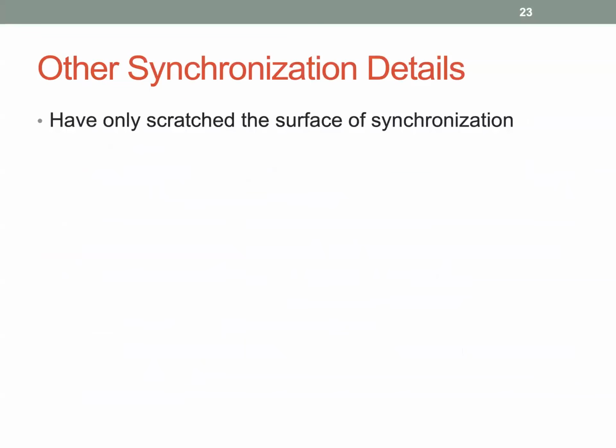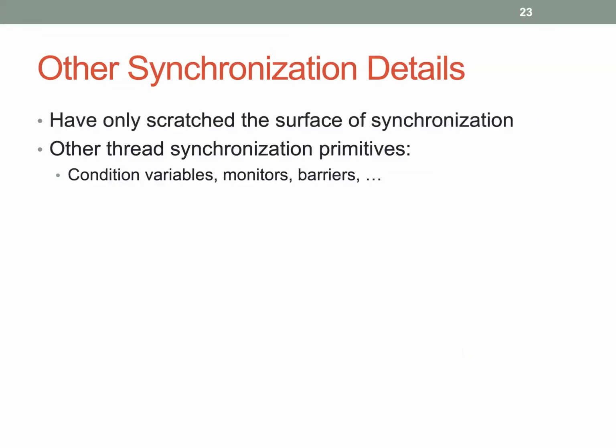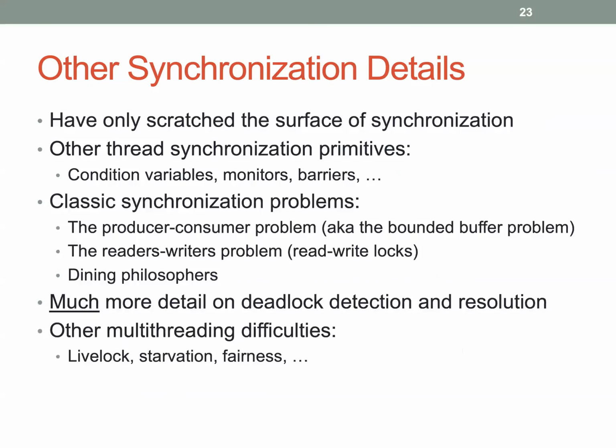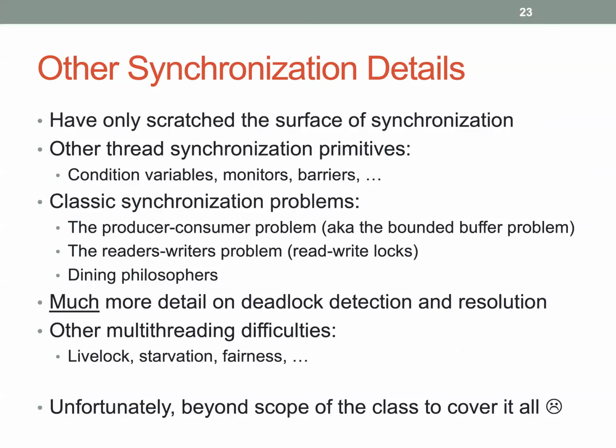Okay, there's a lot more to talk about with all of this stuff. Condition variables are in Pintos as well. I don't think you need to use them anytime soon, but I can't remember. But there's a lot of other kinds of mechanisms that exist around this stuff. I'm just going to throw this all up here because the point of the slide is this is only the very beginning of the topic of concurrency and parallelism.